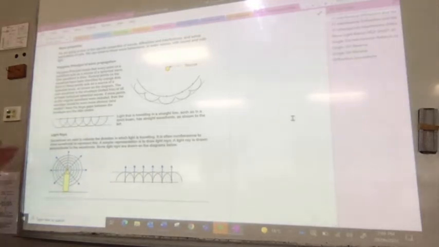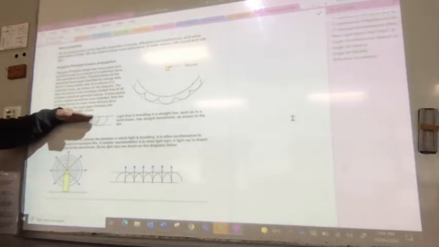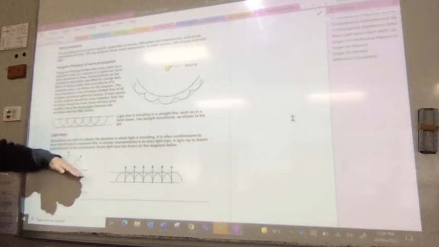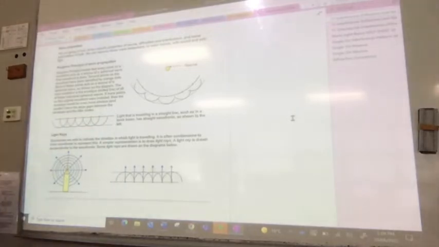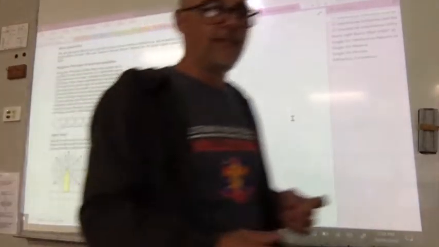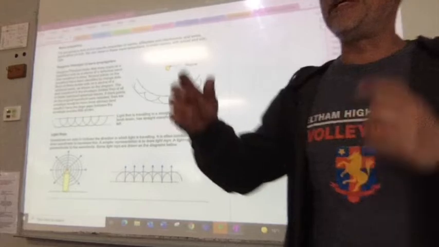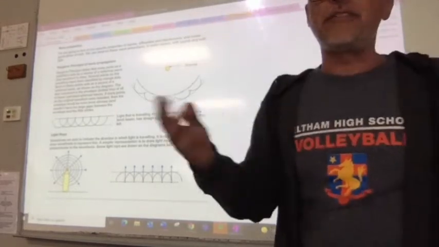So a straight wave like that will move through a medium, and if it hits an opening, it will diffract through that opening. So a diagram of that is this here.